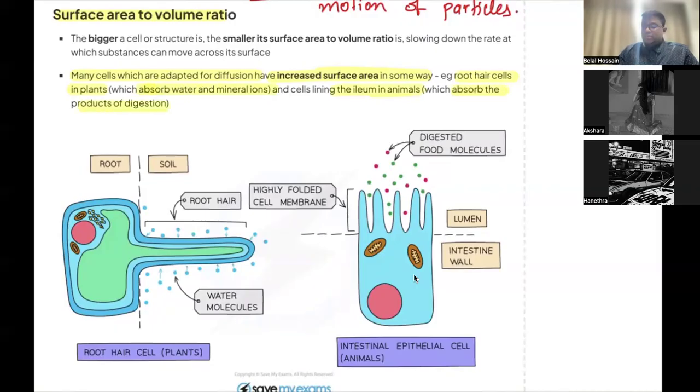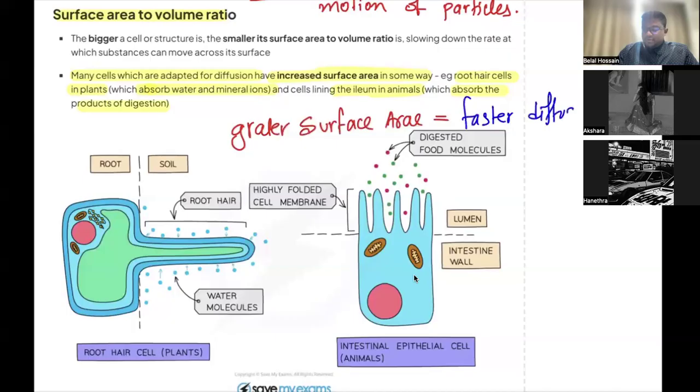So they include glucose, amino acids, all of those. So having greater surface area means faster diffusion.